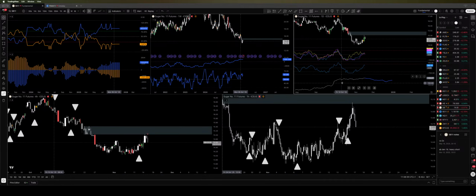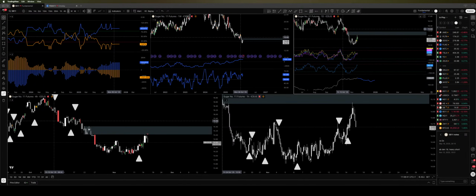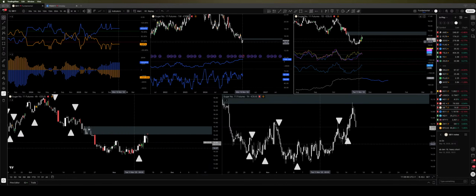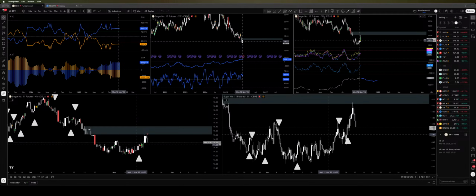Or was it even this pattern? I don't remember, but you see it didn't play out very nicely. We got now strength, but it's very delayed in terms of seasonality.